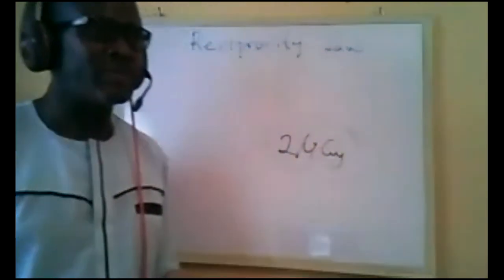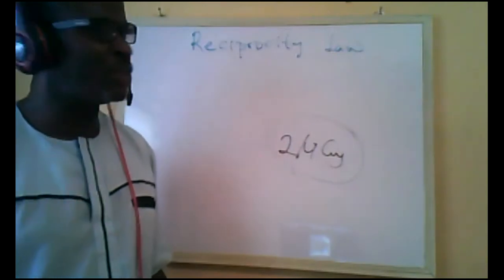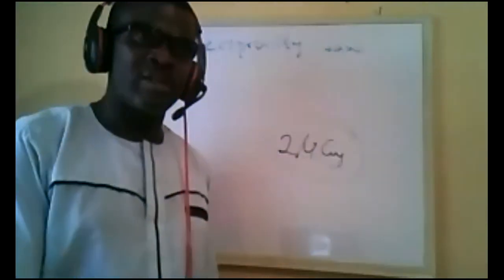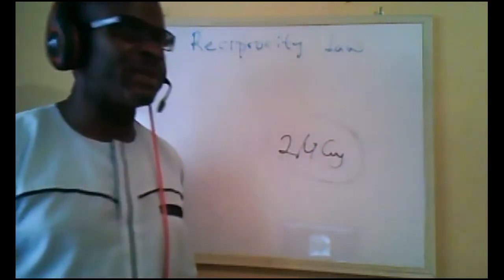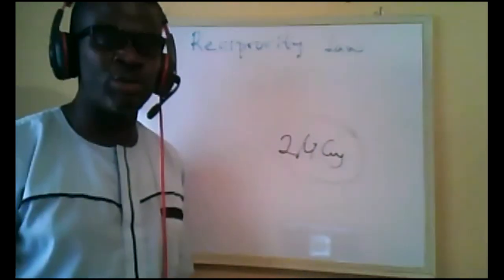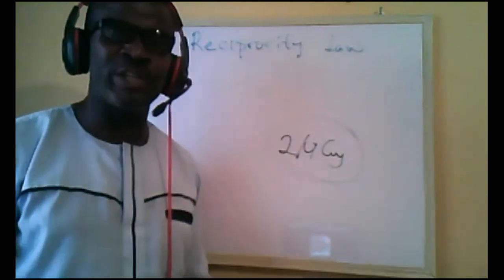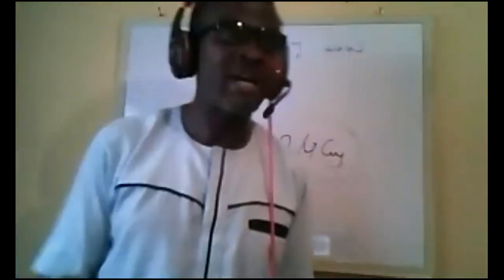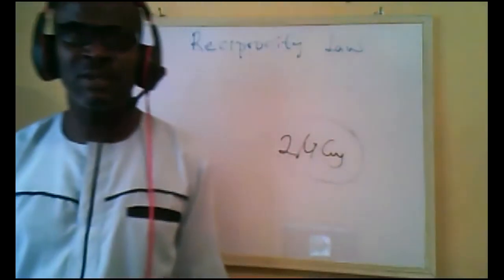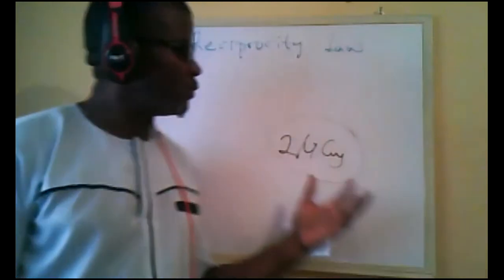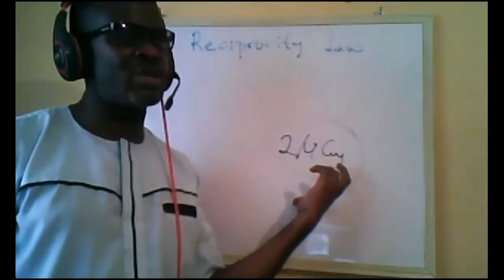How do I mean? At times you can have a high exposure rate. For example, we are looking at a car traveling a particular distance, maybe 100 kilometers. Some cars can do the 100 kilometers in 1 hour, some in 30 minutes, some in 45 minutes, and so on. So we look at this as a distance covered.